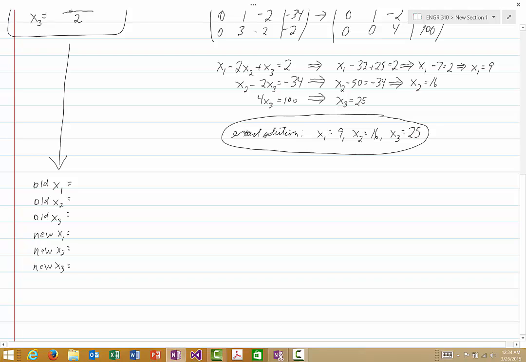It really doesn't matter what I have in new x1, new x2, and new x3 because I'm going to update those in just a moment. But just for the sake of convenience, I'll go ahead and make each one of those 0.